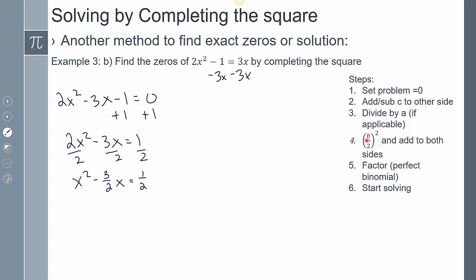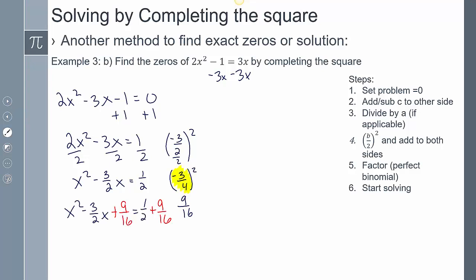Then I want to take the b over 2 squared and add it to both sides. So I took negative 3 over 2, divided it by 2, so then these multiply together, so I get negative 3 fourths. Now if I square, I get 9 over 16. I need to take that 9 over 16 and I need to add it to both sides. Now a hint, this is so vague. How do I factor this?